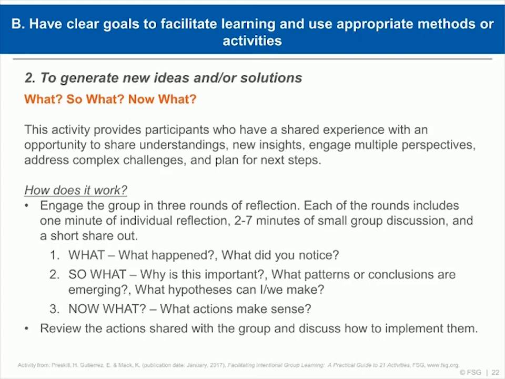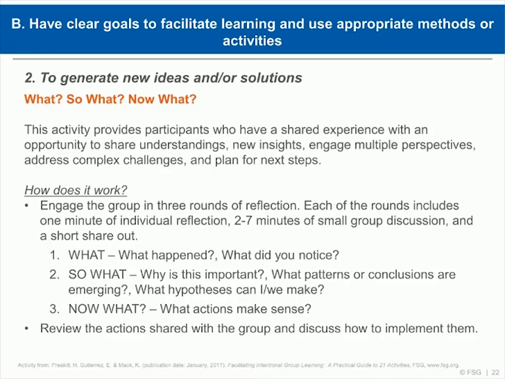Then you can move into the so what and think about why is this important to us? What patterns or conclusions are emerging? Do we have any hypotheses that we want to test? That's for the second round. And then during the third round, you can start thinking about what actions make sense to take.